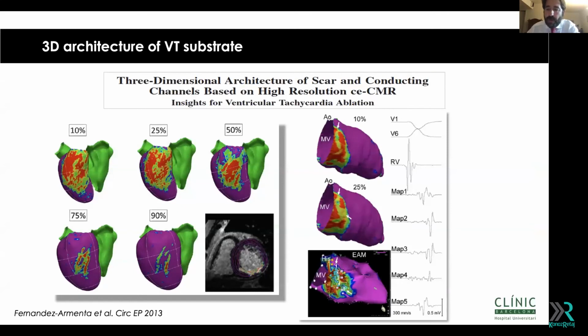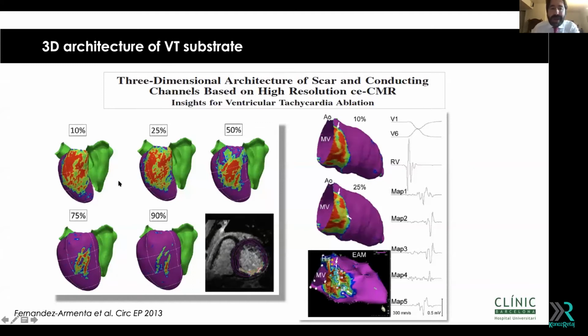Later on, we were working in our group in these fields, and we were able to demonstrate that scar is not only a two-dimensional feature, but three-dimensional. So you can see clearly here this scar in the inferior part, and you can see scar in the endocardium. 10% means the layer of the tissue closer to the endo, 25%, so more to the midwall, 50% midmural, 75% and 90% epicardial.